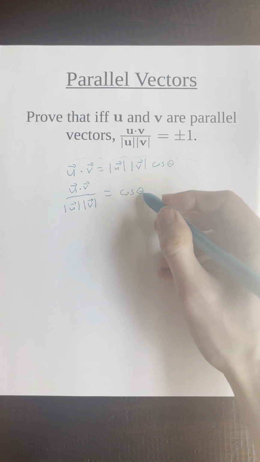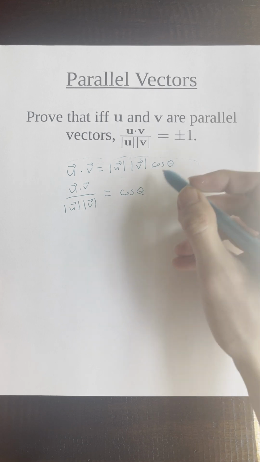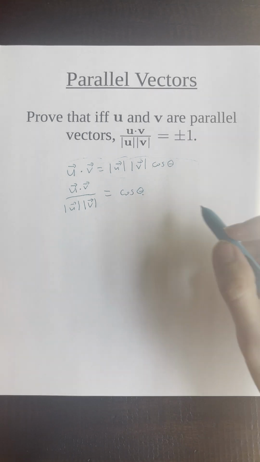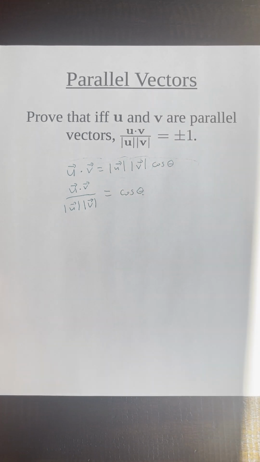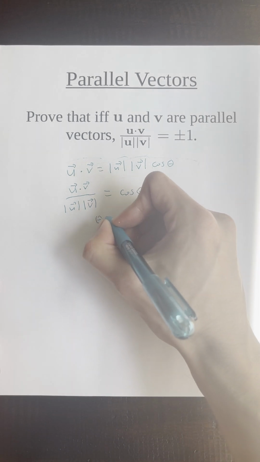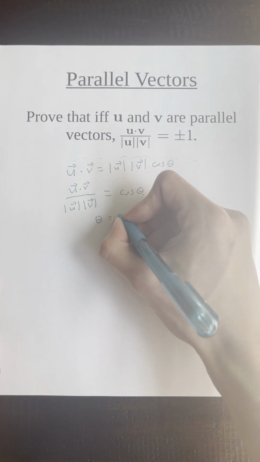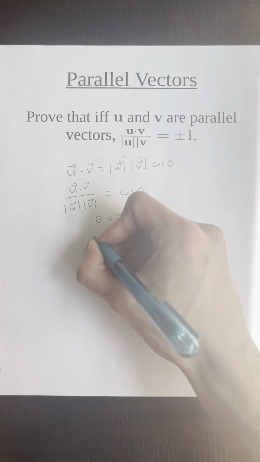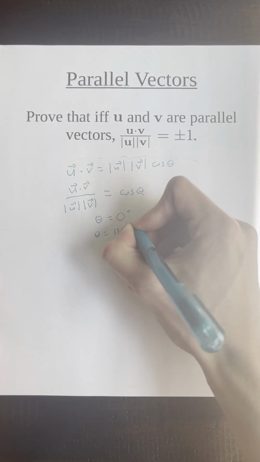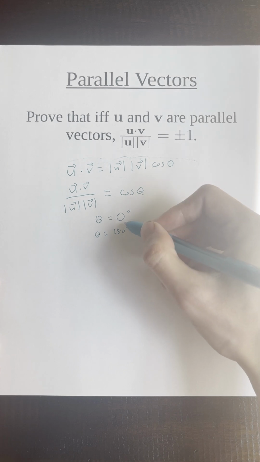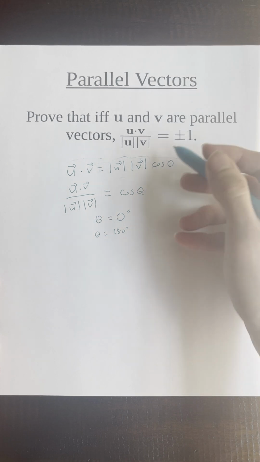And when is cosine theta equal to plus or minus 1? How many degrees does theta need to be? So theta is going to be either 0 or 180 degrees. These are the only times when cosine theta is equal to plus or minus 1.